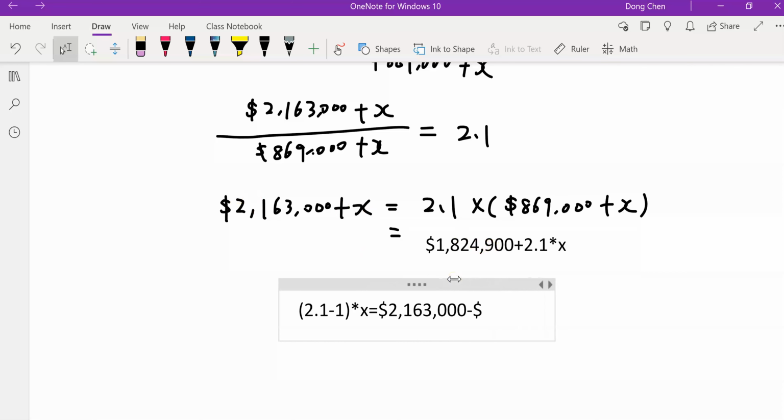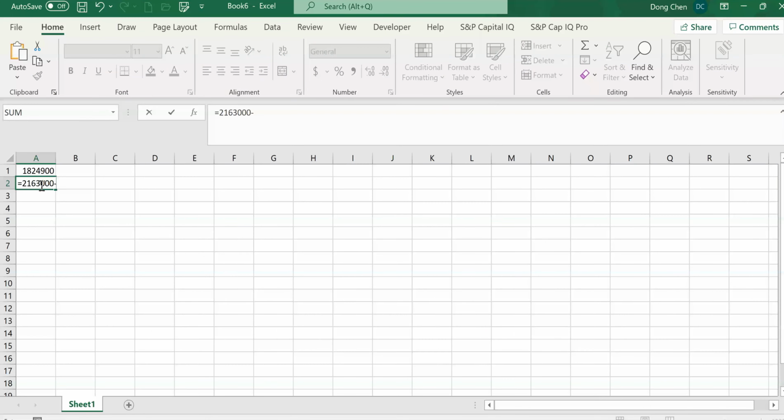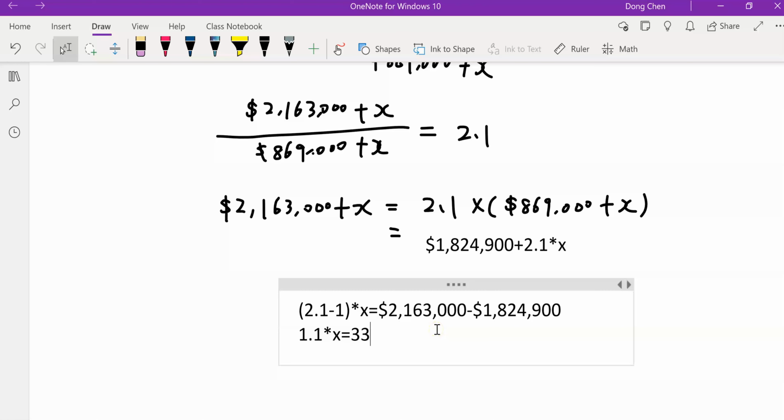2,163,000 minus 1,824,900. Right, and then finally, after we combine the terms, 2.1 minus 1 equals 1.1, and then times X equals 2,163,000 minus this, which becomes 338,100.